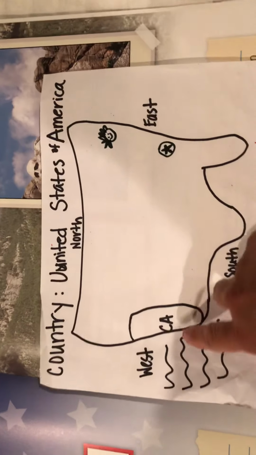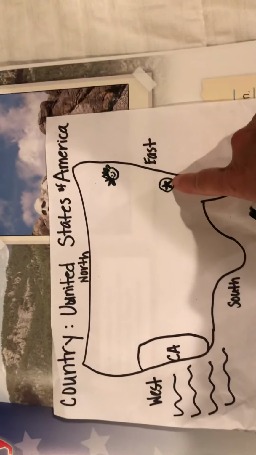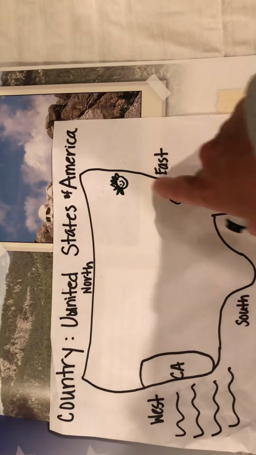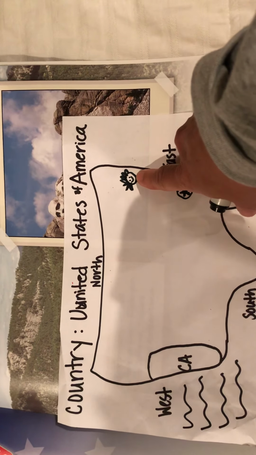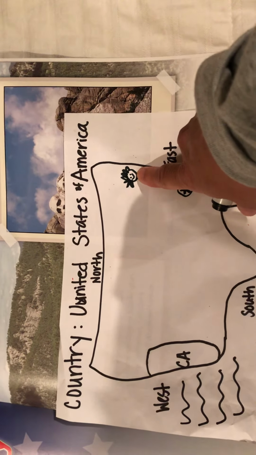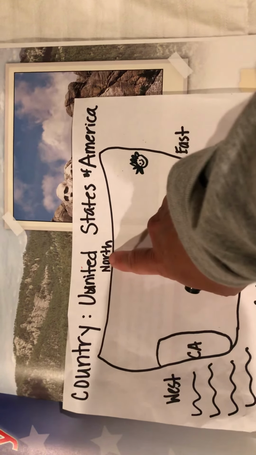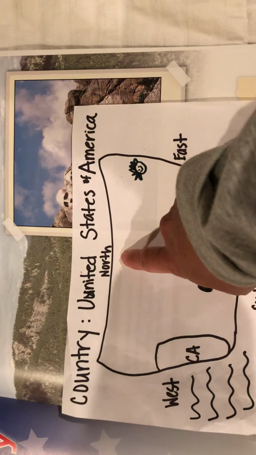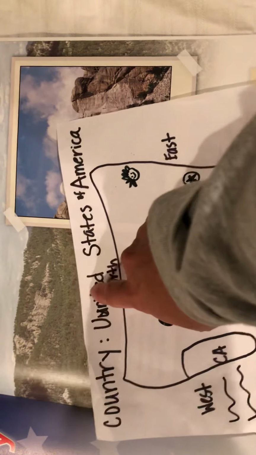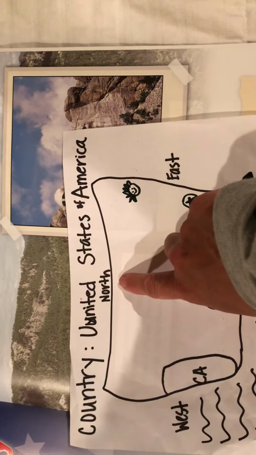All right, so let's get our map here. We have California, where we live, in the west, Washington, D.C. in the east, the Statue of Liberty up here in New York in the northeast. And then way up here in the north, you have up above here, this is Canada up here, and then you have North Dakota here and South Dakota here.